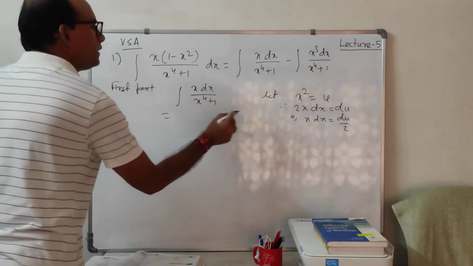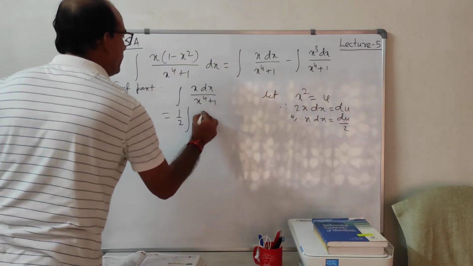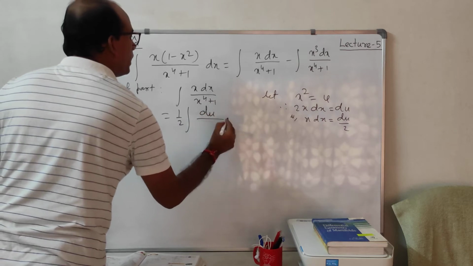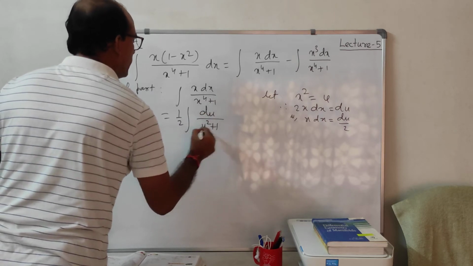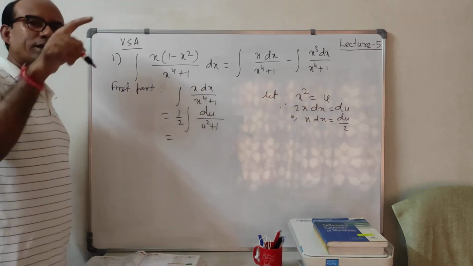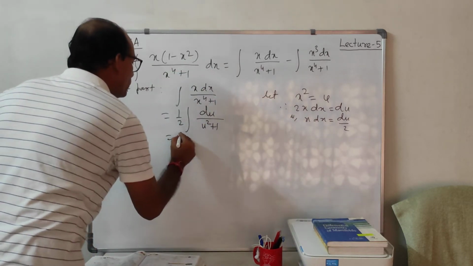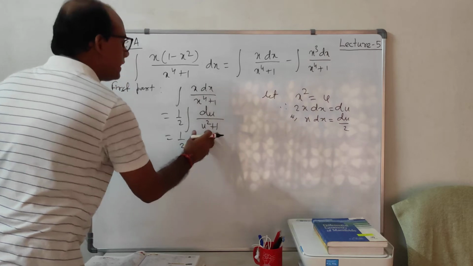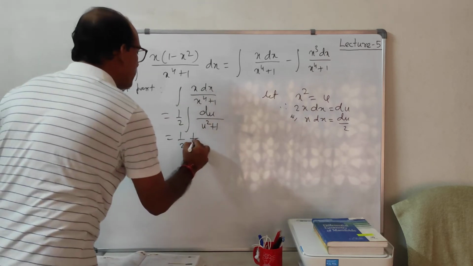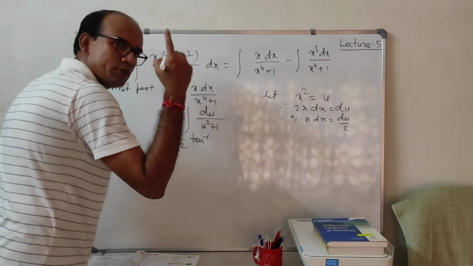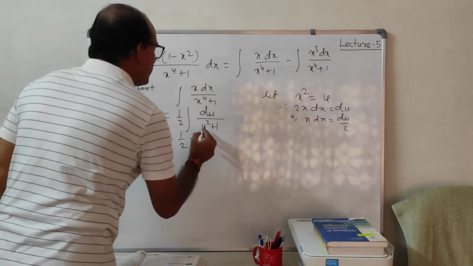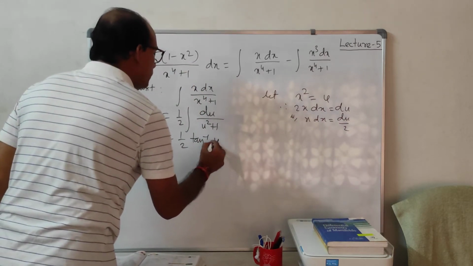Just put it here, half du by u square plus 1, and use our first standard integral which I wrote before. 1 by a tan inverse of x by a in that formula. Here it is u, tan inverse of u.